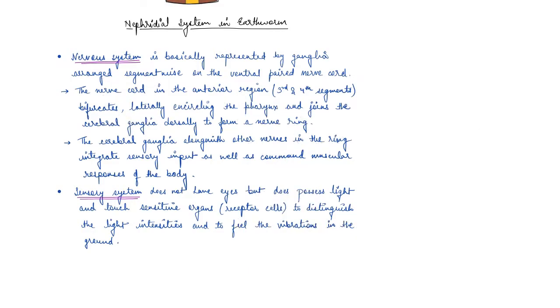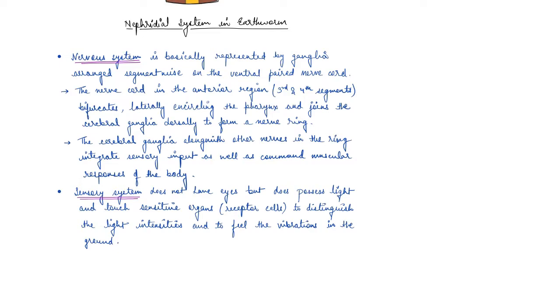Now the nerve cord in the anterior region of the third and fourth segment bifurcates, and this laterally encircles the pharynx and joins the cerebral ganglia to form a nerve ring. So in the pharyngeal region, it basically forms a nerve ring, right?